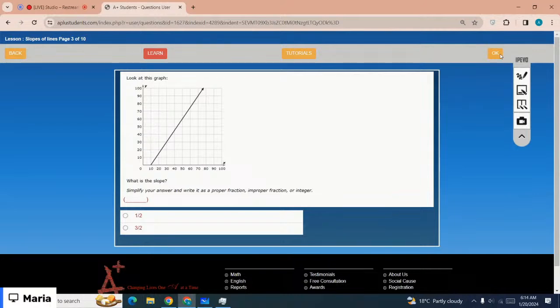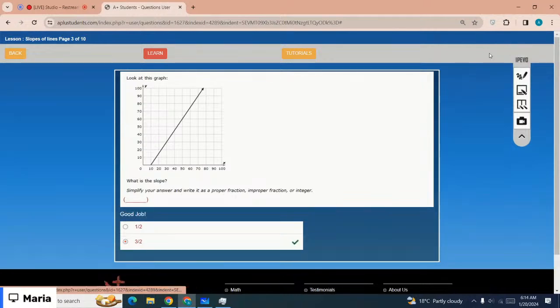Yes, the correct option is 3 over 2, right? The slope of this graph is 3 over 2. Very good.